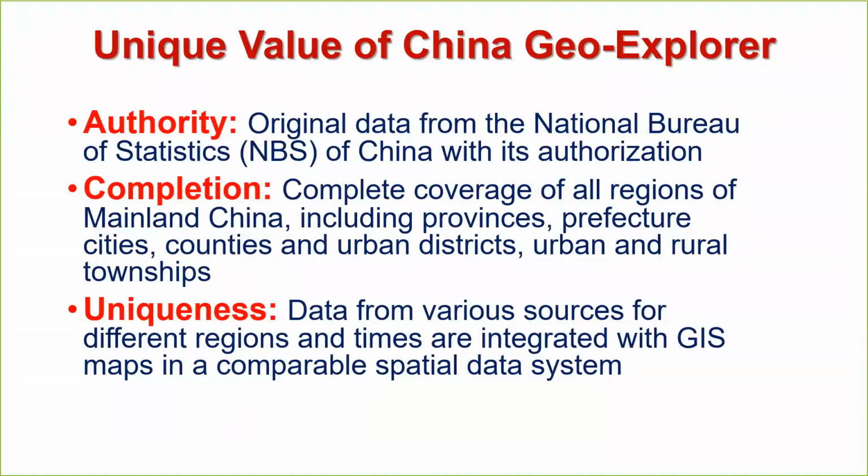The second one is completeness. The China Explorer provides complete coverage of all the regions of mainland China, including all the provinces, prefecture cities, counties and urban districts, and urban and rural townships.